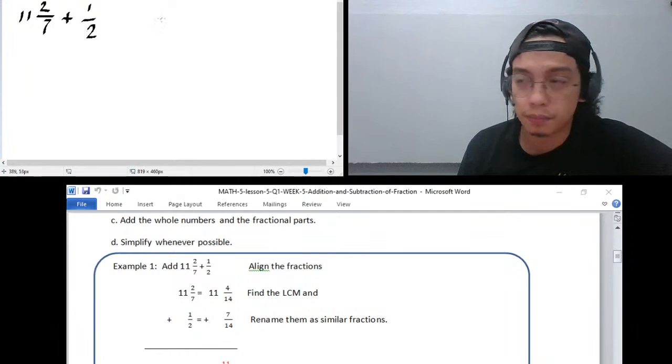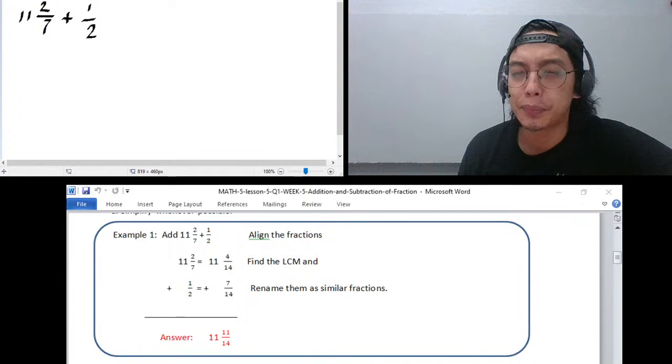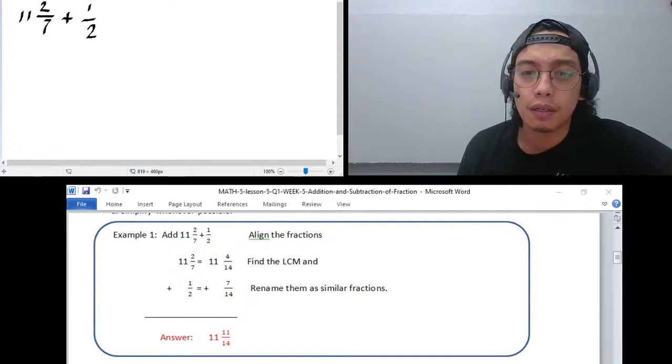Atong i-analyze ang module, iyang steps. Align the fractions. But what they created here is that they made this into similar fractions.